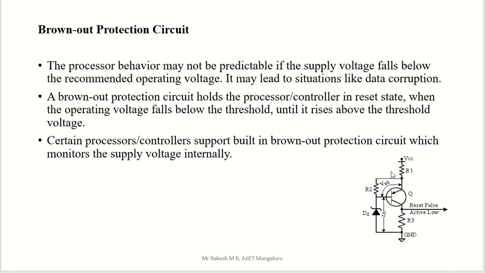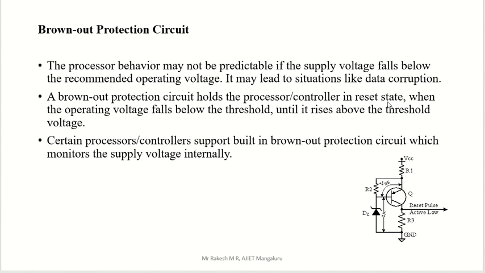In the diagram you can see we are using one circuit, called the brownout protection circuit, that will save your embedded system device. If the supply voltage is below the operating voltage, the brownout circuit will protect your entire embedded device. If that circuit is not there, it may lead to data corruption or device damage.